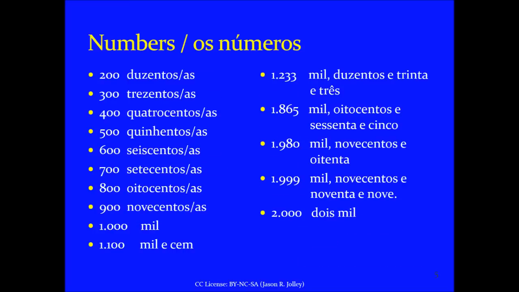200, 300, 400, 500, 600, 700, 800, 900. 1000 is mil. 1100 would be mil e cem. 1200, for example, would be mil e duzentos.